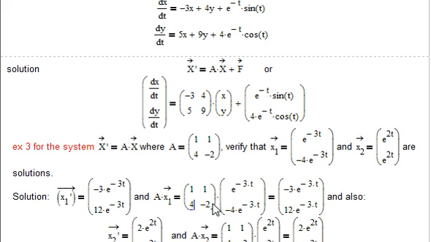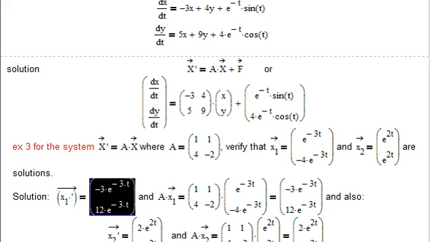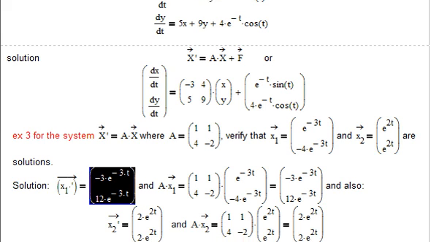And then 4 times this one is 4 e to the negative 3t. This times this is positive 8 e to the negative 3t. So adding those two together, you get 12 e to the negative 3t. And this vector, which is A times x1, and this vector, which is x1 prime, are the same. So x1 is a solution.